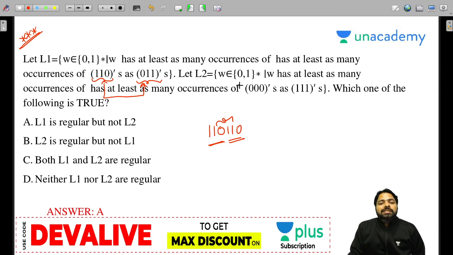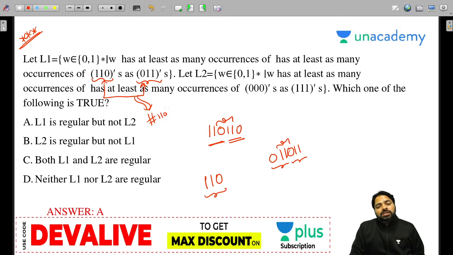That means you can check the count of 110 and 011, both of them. Hardly, they differ by 1. If you get 110, there is no 011, but there is 110. And similarly, when I am trying to write 011 twice, automatically 110 happened. So in the first pattern, the count automatically happens. The difference is always equal to the number of, okay, let me write it some other way.